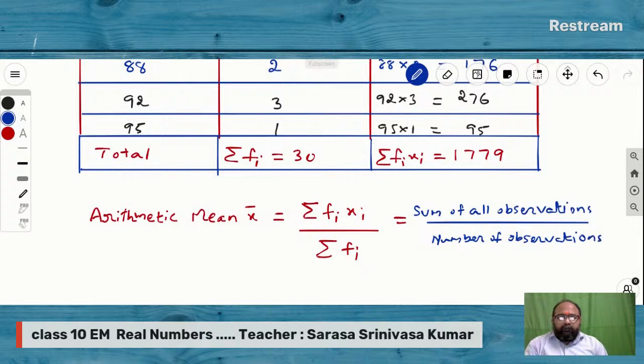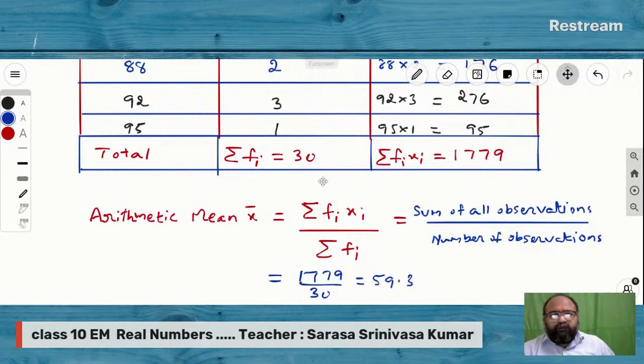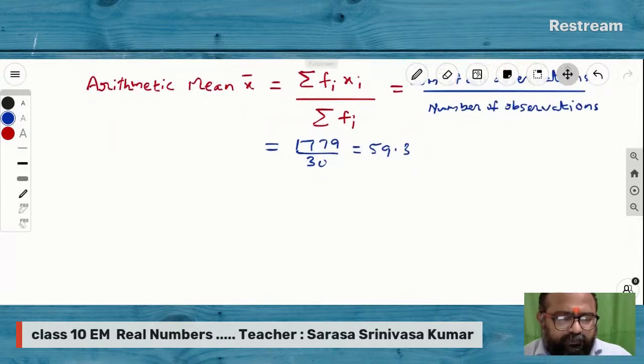This is equal to 1779 by 30. On calculation, we get 59.3.